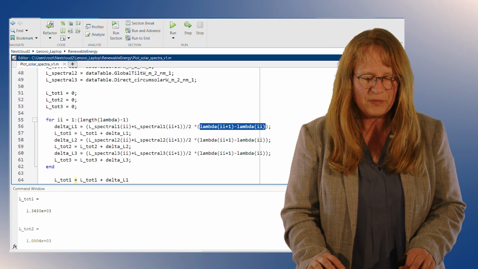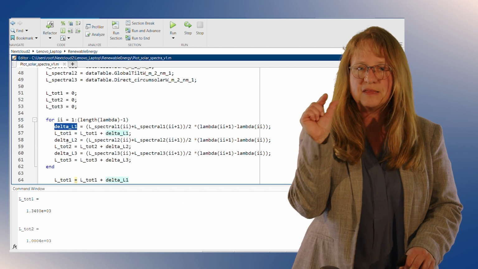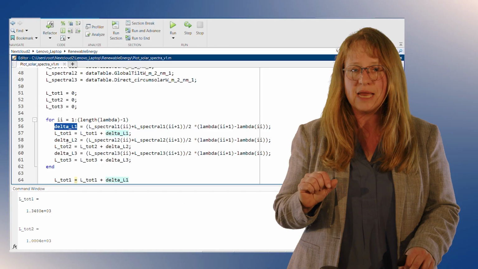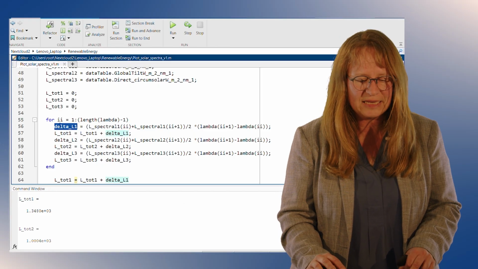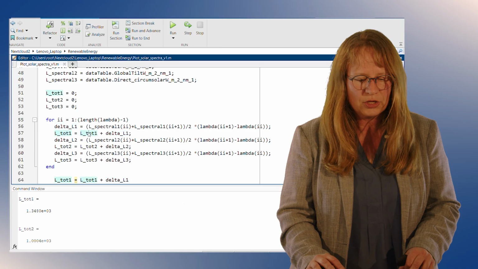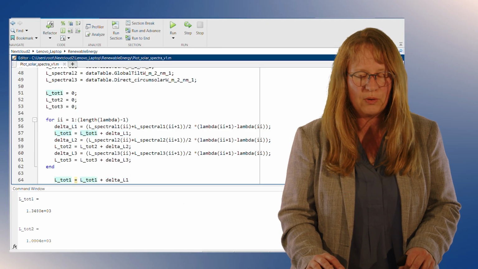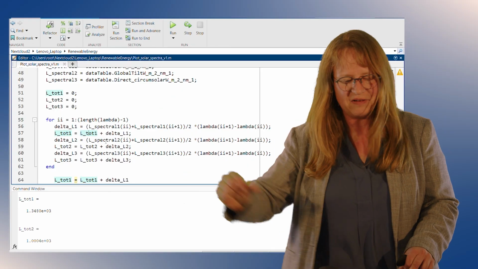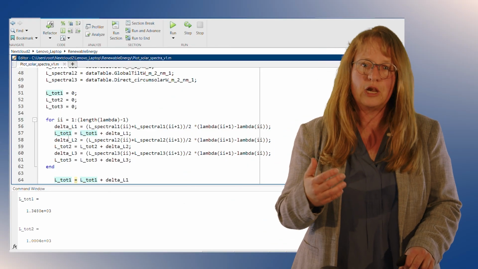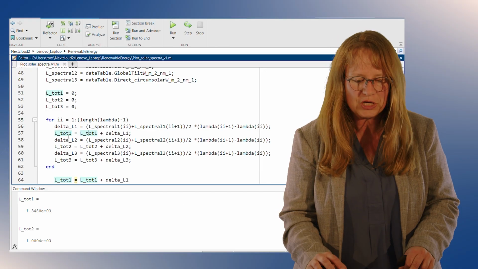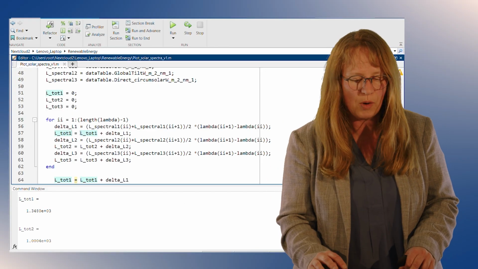And this result is the irradiance in this wavelength interval where I'm at the moment. And this delta L1 I add to my L total 1, which was initialized to 0, and I added this for all the different wavelengths. Therefore I get the numerical approximation of the integration by doing this kind of triangular approximation.